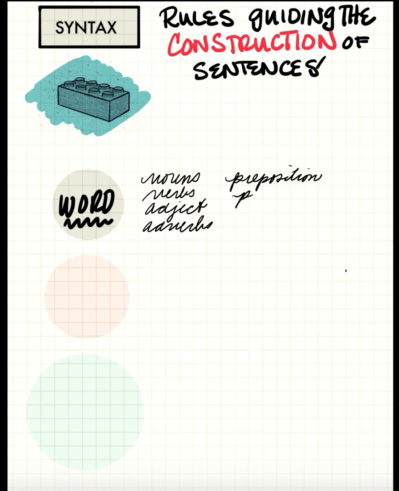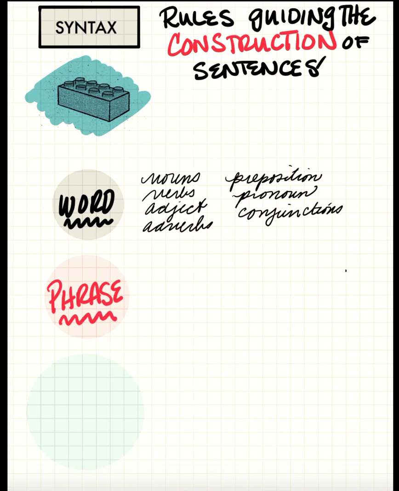Now, if we stick a couple of bricks together, it's no longer just a word. We've moved on to the second degree of complexity, the next syntactical element, which is the phrase. So anytime you have two words stuck together, you've moved on to the phrase, or if we continue our mathematical analogy, a binomial, right?